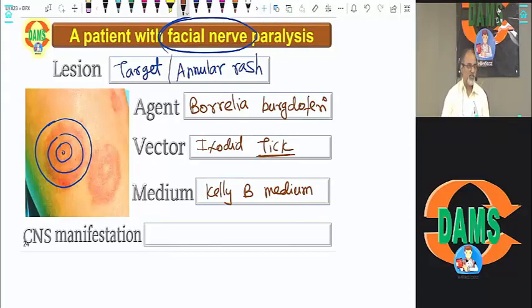Facial nerve paralysis, otherwise called what palsy? Bell's palsy. Very good.